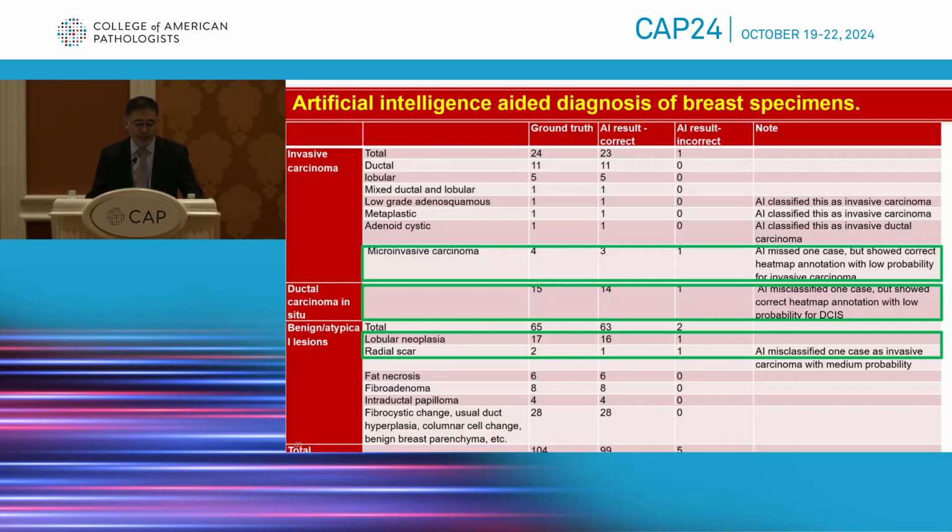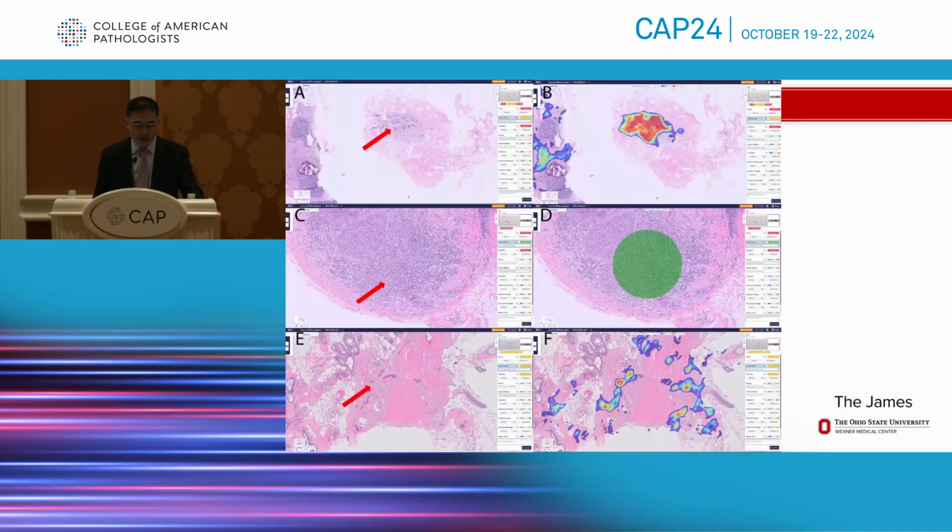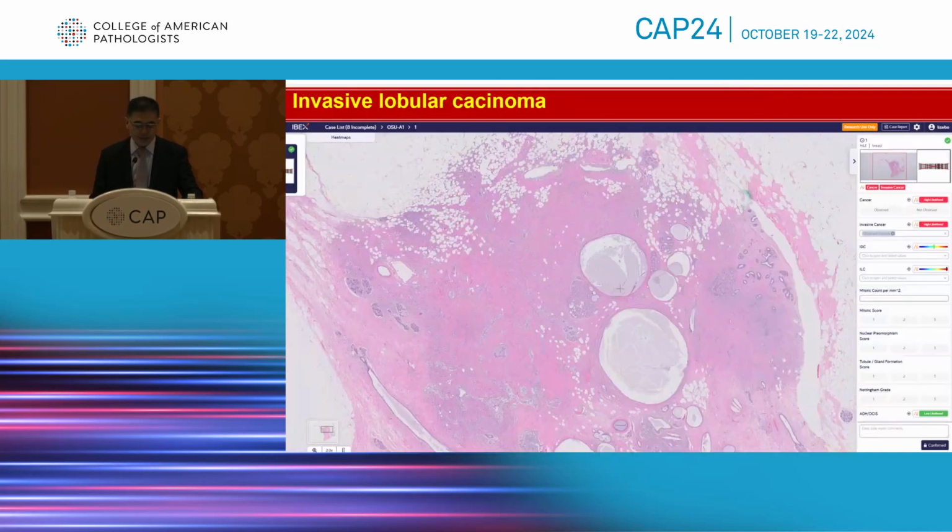During our validation, we found this algorithm identified all those invasive carcinomas except one single microinvasive carcinoma. However, when we look at this specific microinvasive carcinoma shown here in the middle panel, it actually highlighted the area, but just with a low probability. So during the pathologist review, this was identified as microinvasive carcinoma.